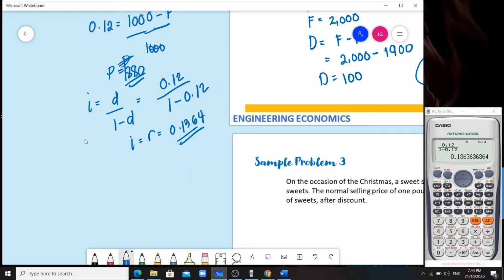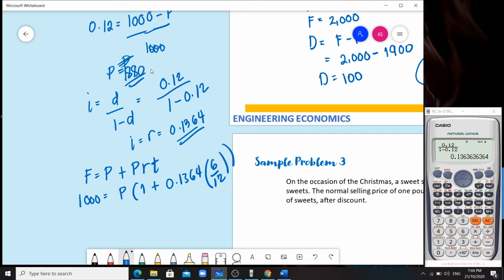Diba, ang interest natin is, paano ba? Present ang hinahanap. Meron tayong future, diba? F is equals to P plus PRT, diba? So, may future tayo na 1,000. Hinahanap si present, 1 plus 0.1364 times 6 over 12. Okay? So, yan yung magiging present amount.